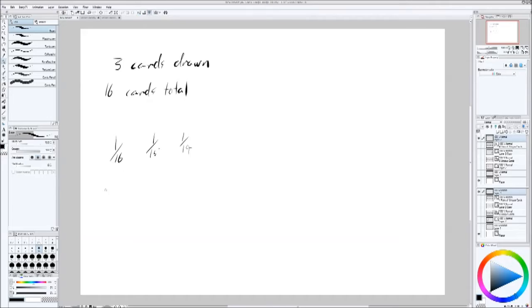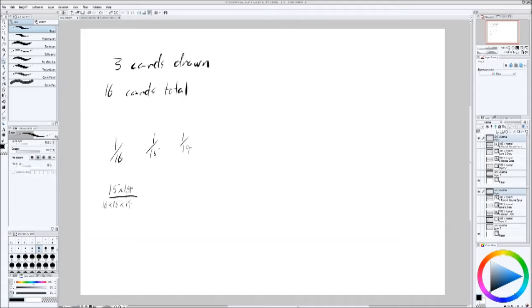So, it's going to be 1 plus 1 plus 1. Sorry. We're going to end up getting 15 times 14 over 16 times 15 times 14.